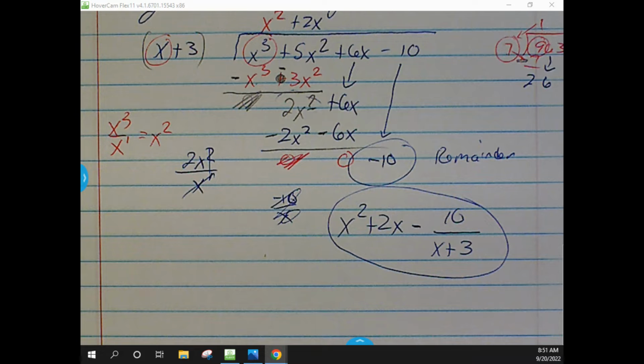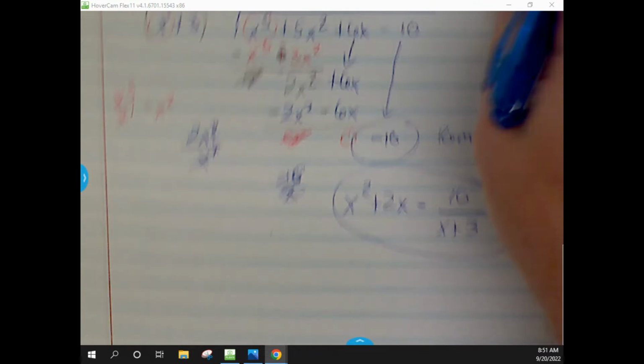Okay. So here's what we're going to do. For synthetic division, it's a shortcut.